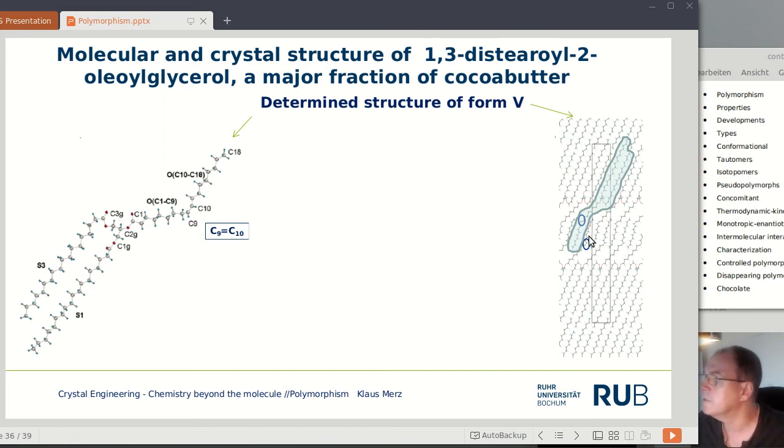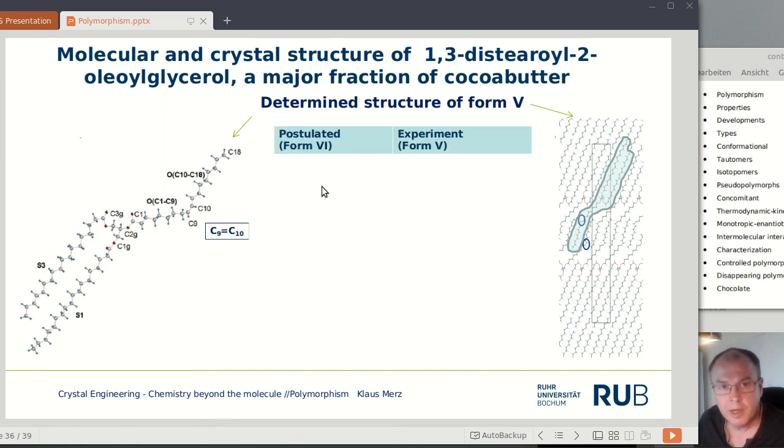This is the difference here. The neighboring double bonds are here. This is the first thing what you see. And the second thing what you directly see, you have voids. Here we have voids, here, voids. This is not the optimized packing. You can directly see. So this is really the experimental observation of form 5.